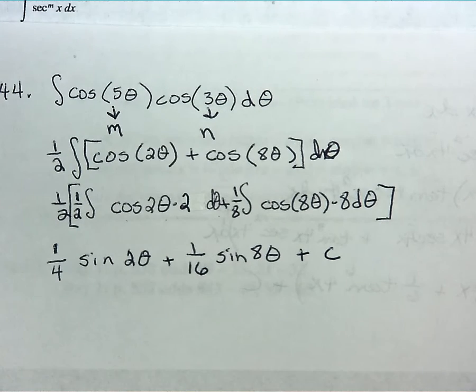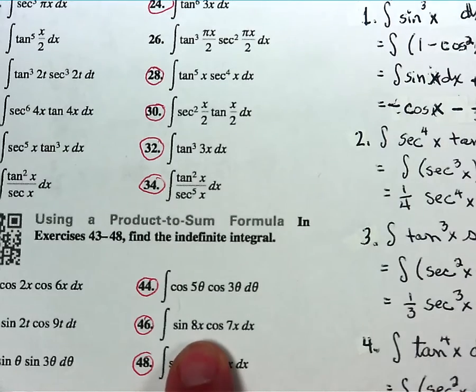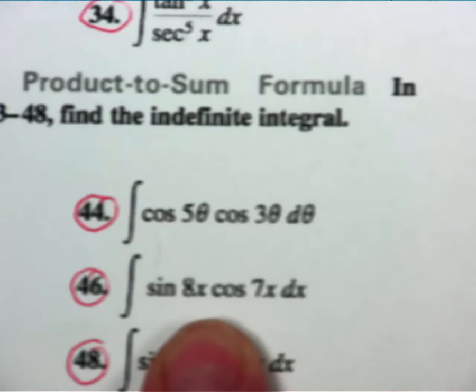Yep, that formula makes it much easier. I wonder if you even need to see another one. 46 and 48 are the same thing. On 46, are you going to use formula A, B, or C if you have sine, cosine?